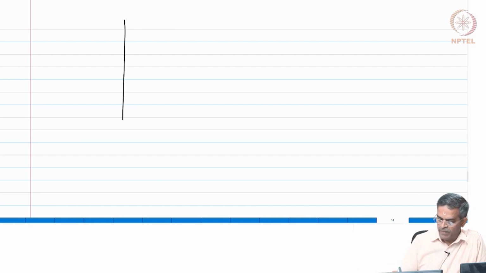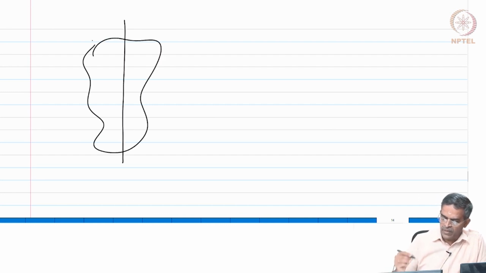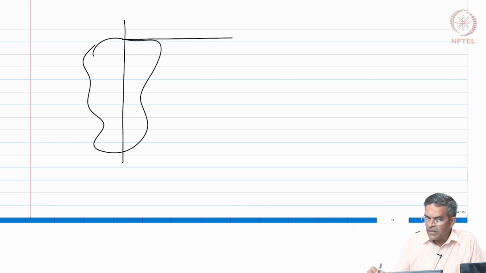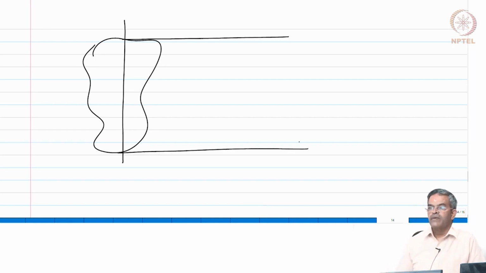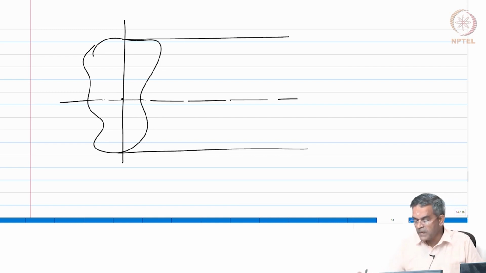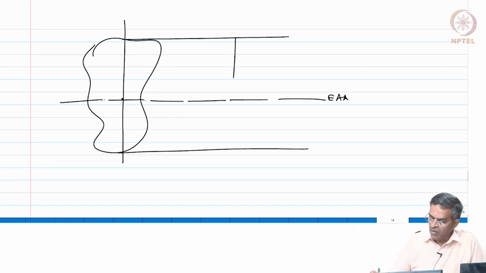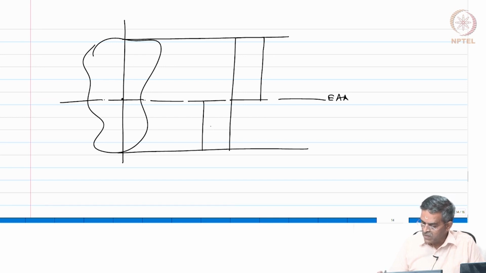So, I am drawing an arbitrary cross section, taking the extreme fibers, drawing the equal area axis. I mark this as the equal area axis, then I only draw the compressive force and the tensile force. So, this is my total tension force, total compressive force. This will have a centroid, let me say the centroid is here, this will have a centroid, let us say the centroid is here, they are opposite.